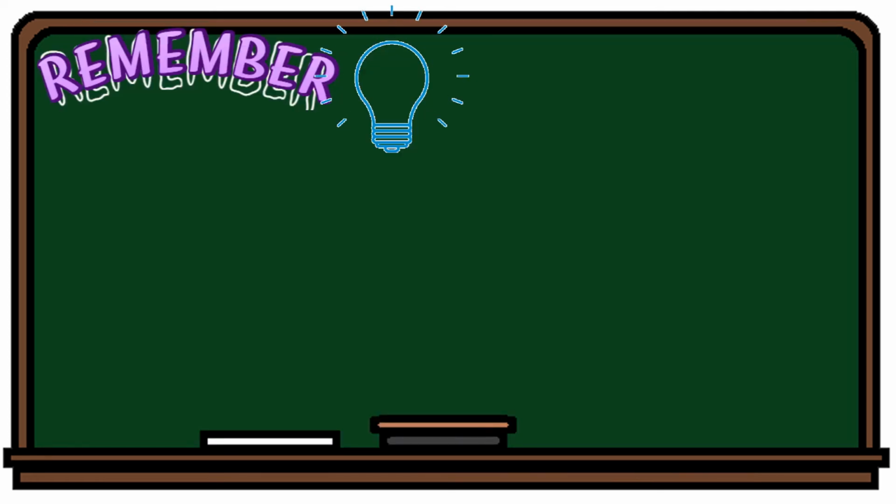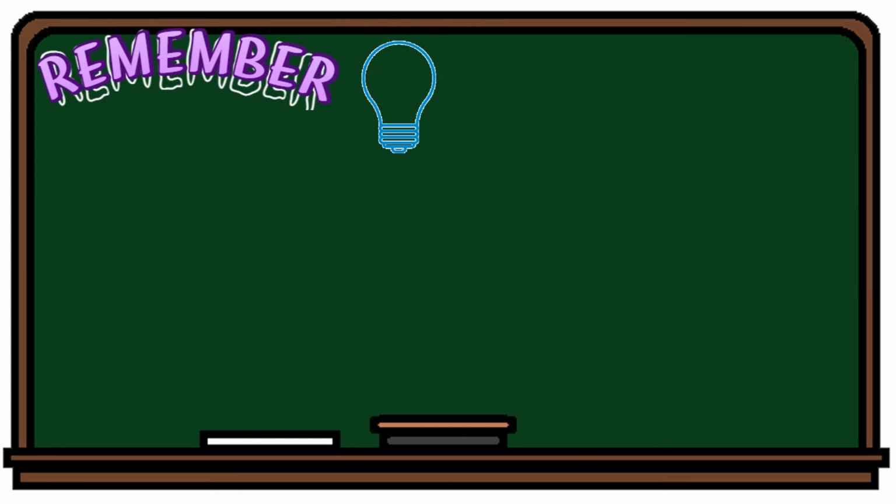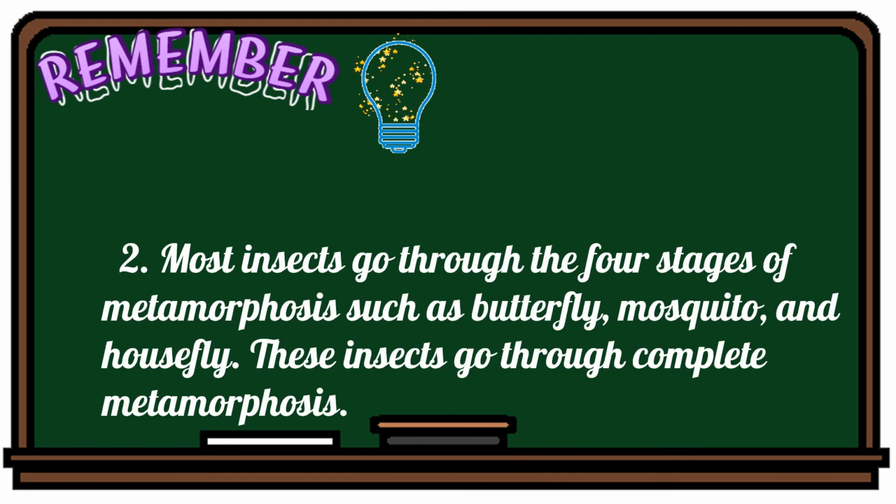Class, remember the following. All living things go through changes as they grow and develop. The process where organisms change and develop is called metamorphosis. Most insects go through the 4 stages of metamorphosis, such as butterfly, mosquito, and housefly.